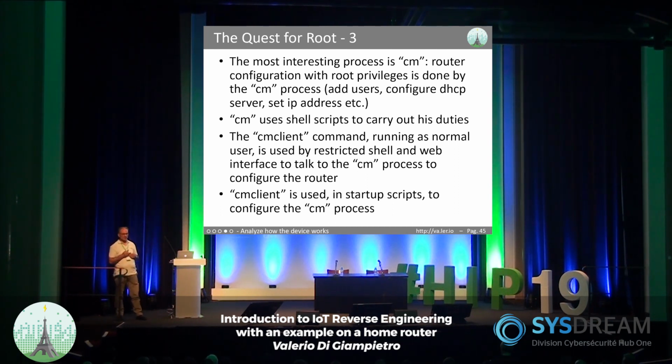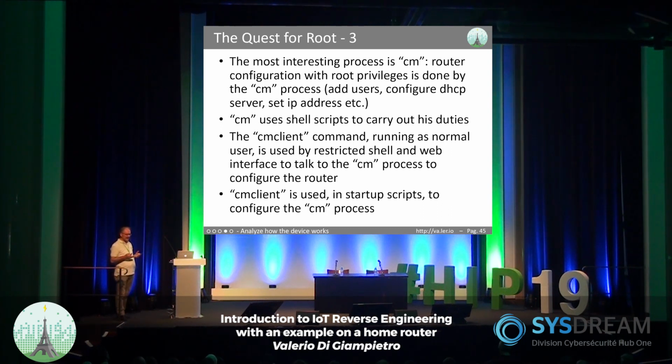It runs as root in the background, and it does all the root configuration changes, like adding new users, configuring the DHCP server, changing the router address, and so on. Analyzing startup scripts and executing CM in the emulation environment, we can discover that this process uses shell scripts to carry out its duties.